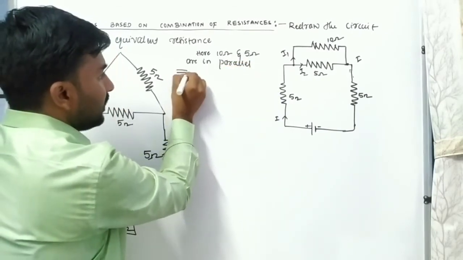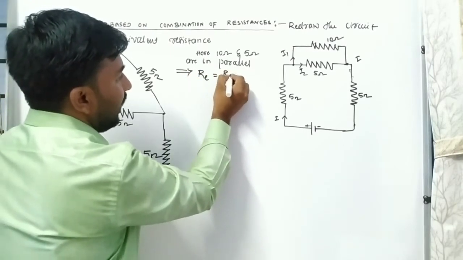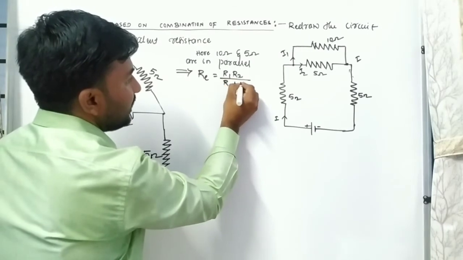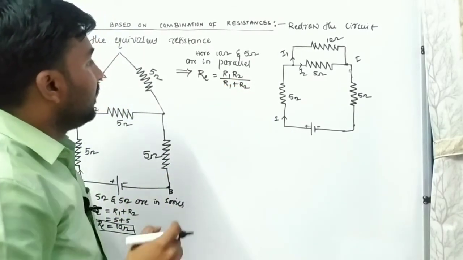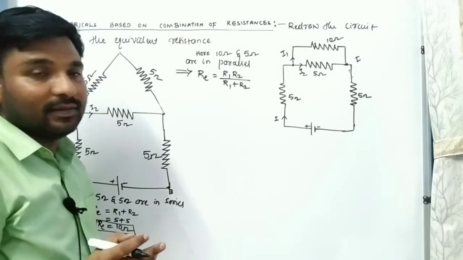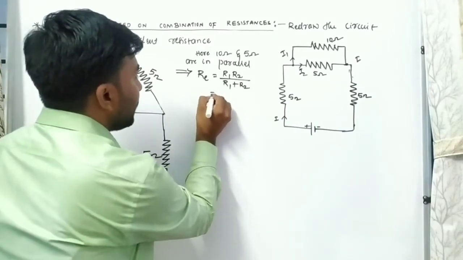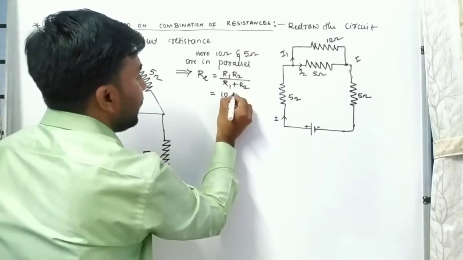So this implies that the R equivalent is equal to R1 into R2 divided by R1 plus R2. This is the formula to calculate the equivalent resistance when we have only 2 resistances. Now this is equal to R1 it is 10, R2 it is 5.